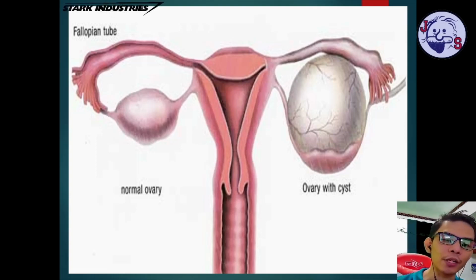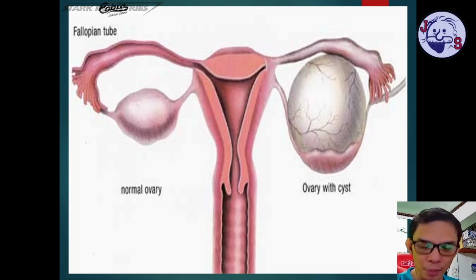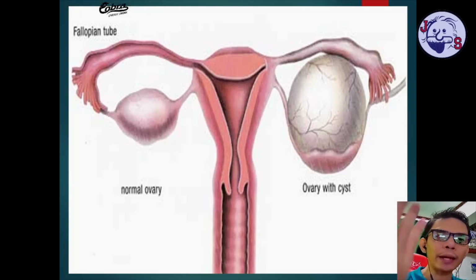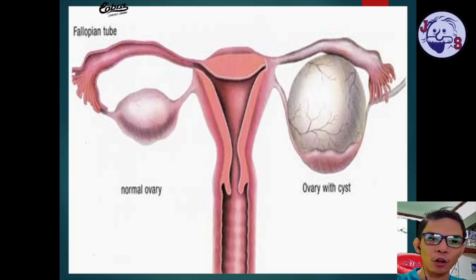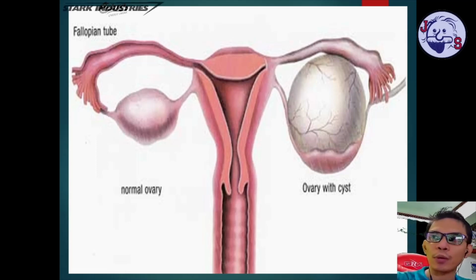The third one is the environment. If you are exposed to radiation or chemicals all the time, the ovary will likely develop an abnormality in the growth of its cells. So that is why we have it right here.